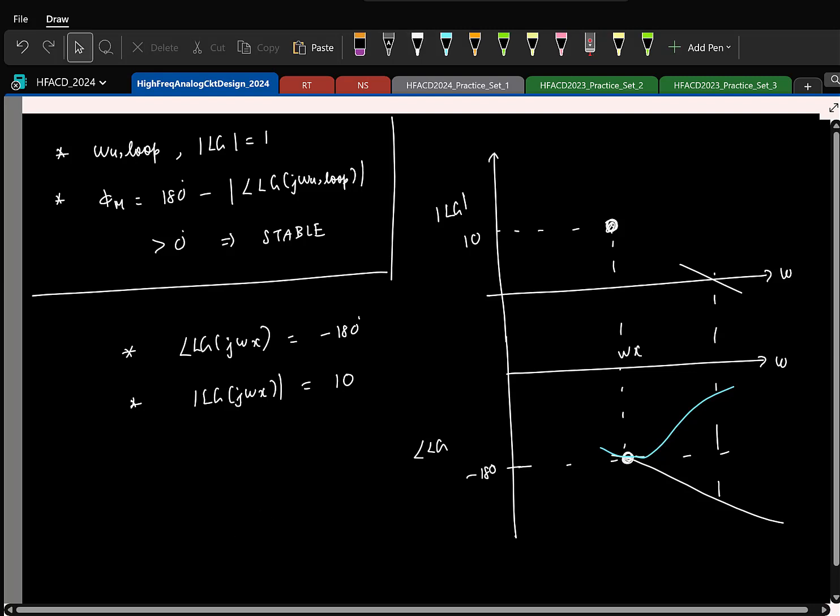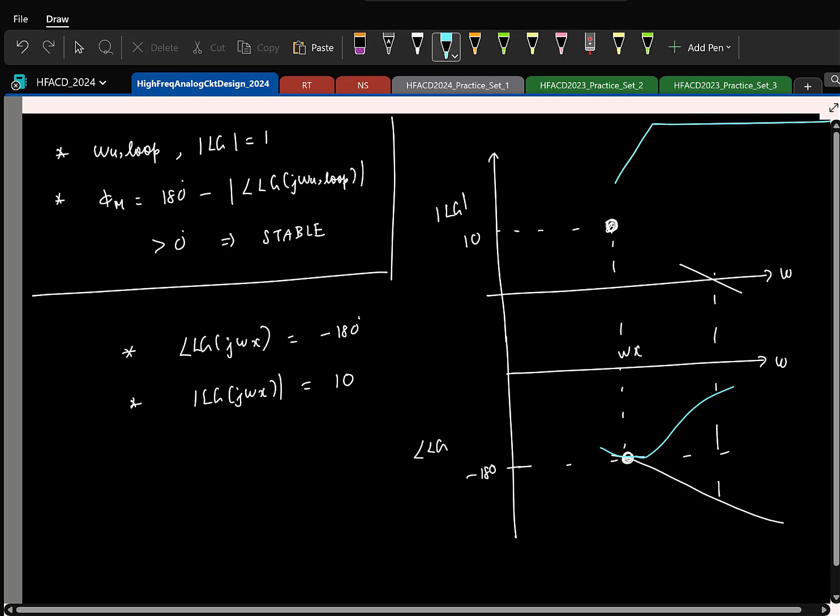If it is a high pass filter, what is the open loop gain? Typically you'll never have a case where it always increases. You'll have some parasitic capacitor somewhere that will bring it down. You never have a true high pass filter as such; you can only have a band pass filter.